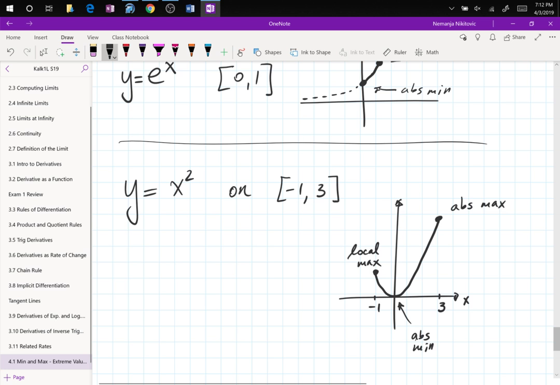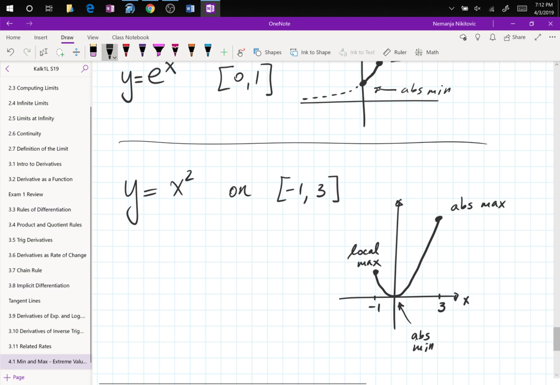So now you have an additional headache. If you have a closed interval, you also have to compute the endpoints and bring that into the mix with the rest. The greatest thing here is that the highest of all y values is the absolute max, and the lowest of all y values is the absolute min.